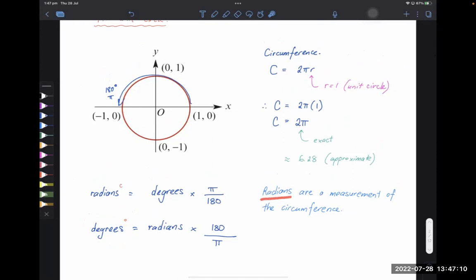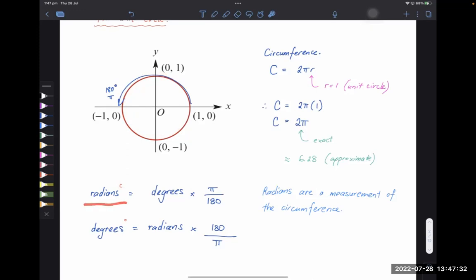But what radians are is basically a measurement of the circumference. So if I was to measure just from here to here, that's part of the circumference. If I was to measure from here to here, that's another part of the circumference. You can see where the C comes from now. Okay.